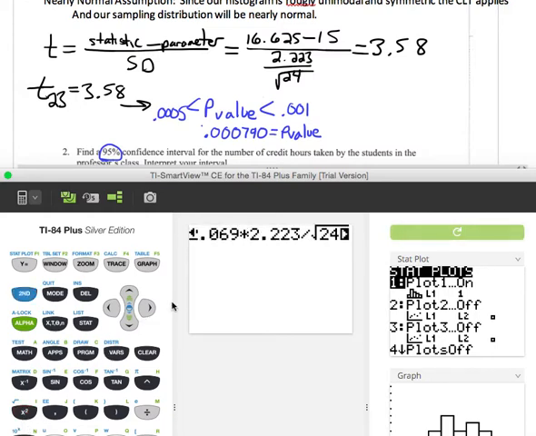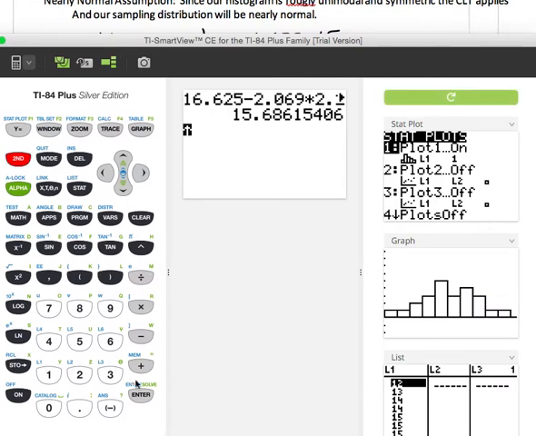I think that looks good with order of operations. There's that one, and then I'm going to hit second entry, scroll backwards and say plus. I can tell my calculator's a little bit slow. So there are our two confidence interval edges.